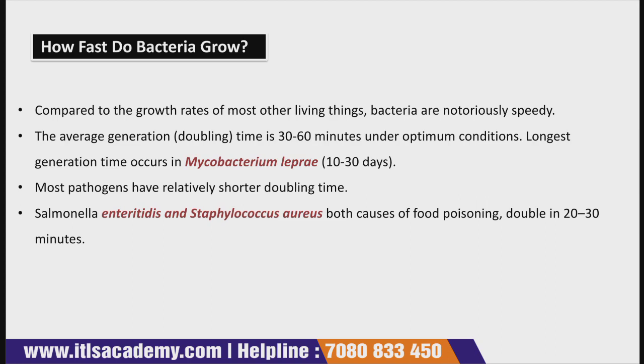So you can see to what extent bacteria divide themselves. The longest time is 1 month. Salmonella is a species that most of the time causes fever, and it grows in very little time, like 20 to 30 minutes. In 20 to 30 minutes they can easily grow.